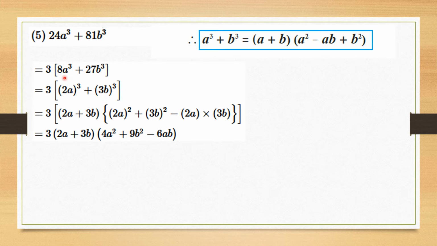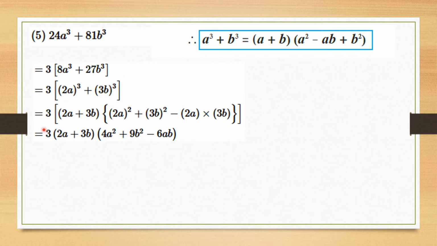So instead of 8, we'll write (2a) the whole bracket cube, and instead of 27, we'll write (3b) the whole bracket cube. Now this is in the form of a cube plus b cube, where a is the term 2a and b is the term 3b.